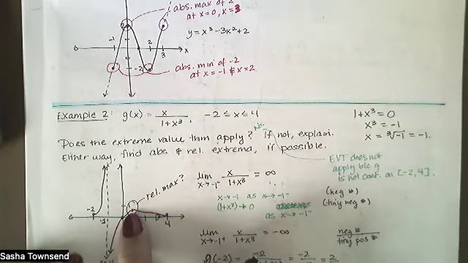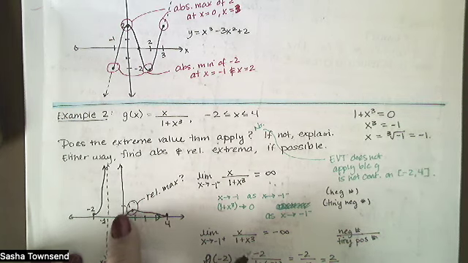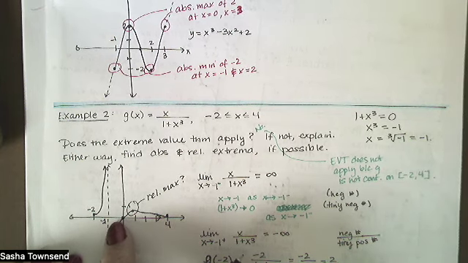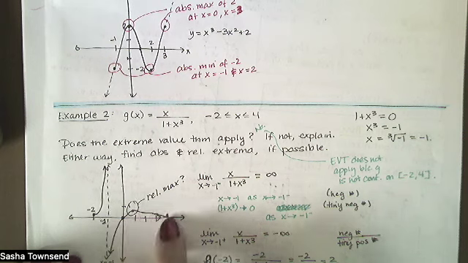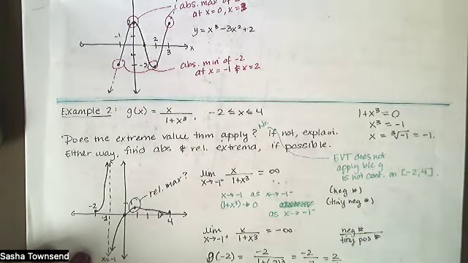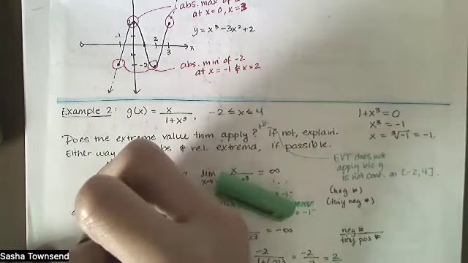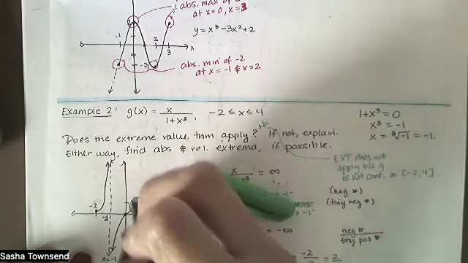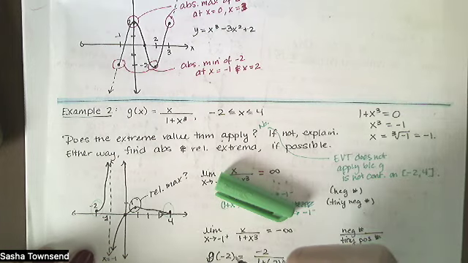All we know is that it's a critical value, so it's possible that it could have just been a flat spot, a spot with a derivative of 0. But I know that it has to go from there to there to there, so I'm thinking it might be a relative max. This is a relative min, and this is a relative min, and I think that's probably a relative max, although we haven't proved it.